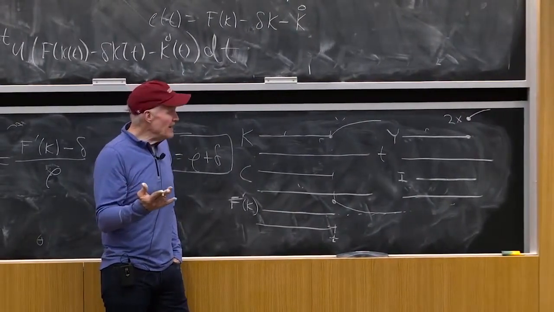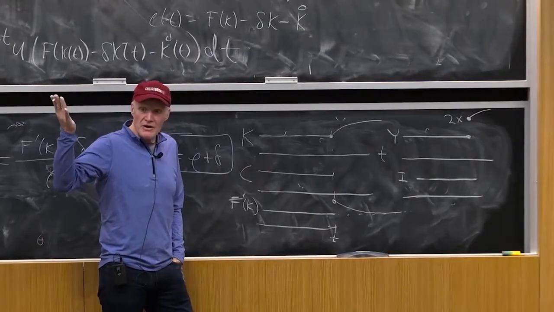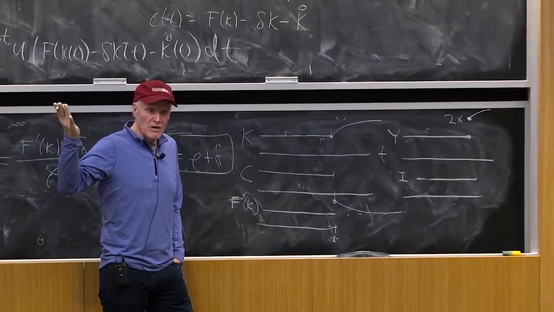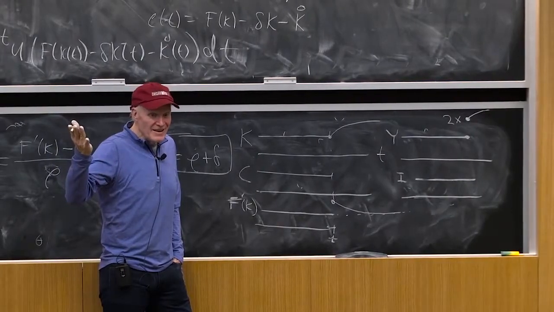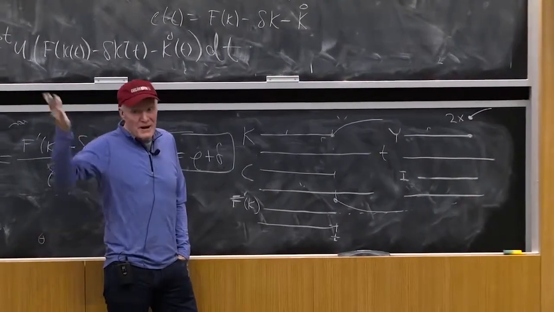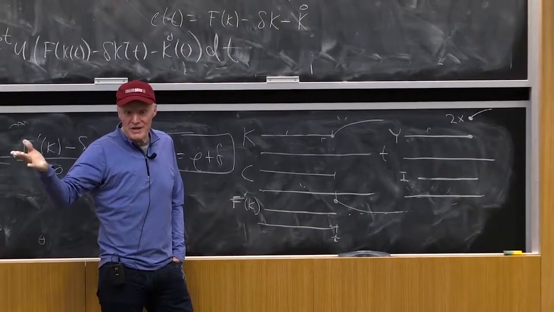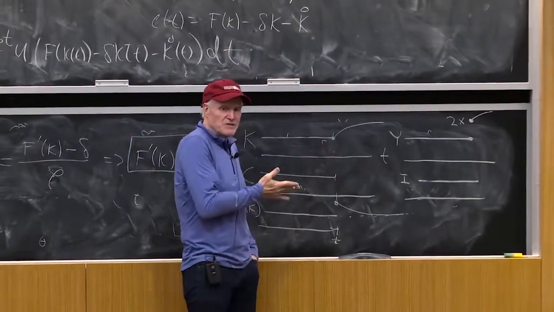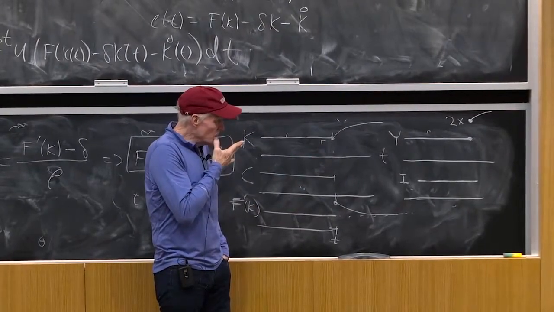On the one hand, you're richer. You're now twice as productive. You want to consume more. On the other hand, it pays to wait, pays to invest, so you want to reduce C. So C actually could go up or down. We don't know which way C is going to go, of course.